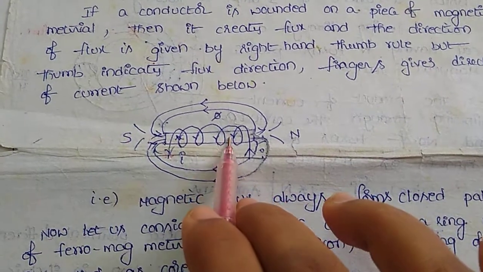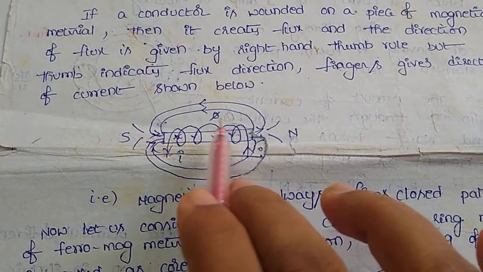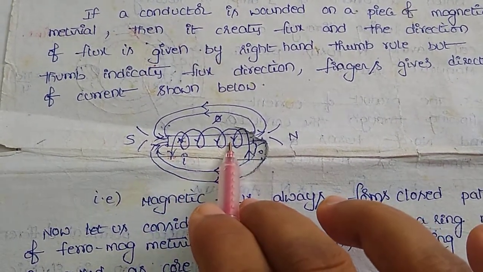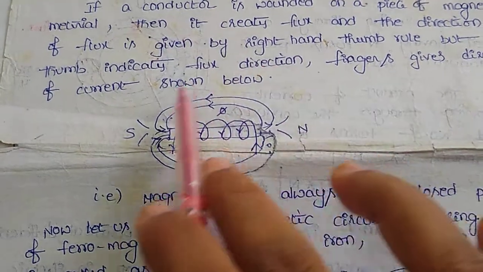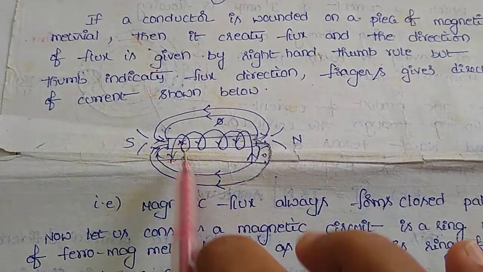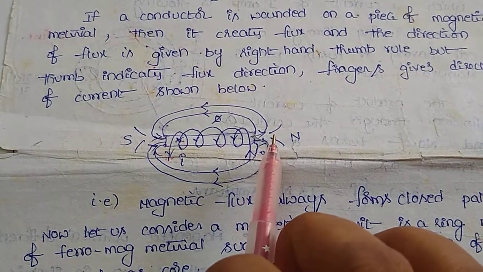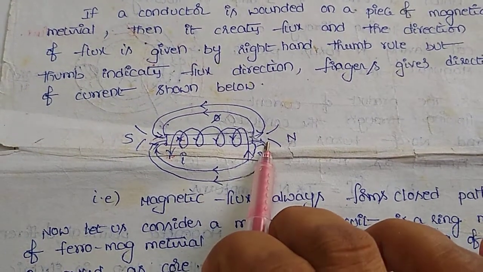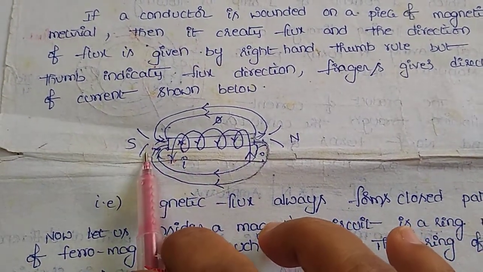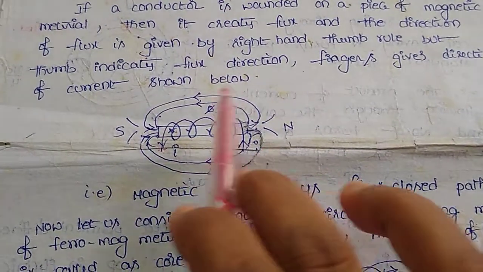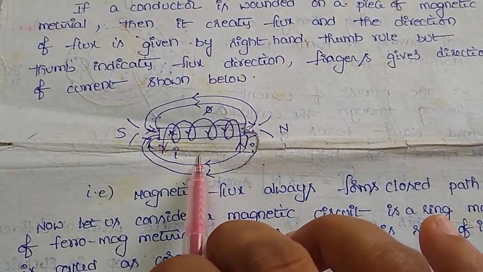So always a current carrying conductor is able to produce magnetic flux lines, and these flux lines flow in a closed path, leaving at the north pole and entering at the south pole. This arrangement is called a solenoid.